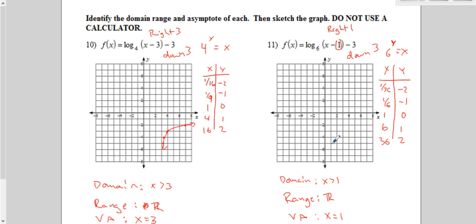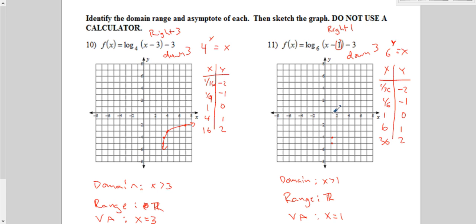So that's really close there to the positive 1 line. Okay, 1/6 is still pretty close to that 0. And -1, so right 1, down 3. What about there? A little further to the right.